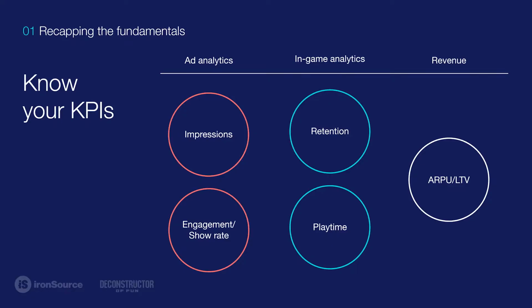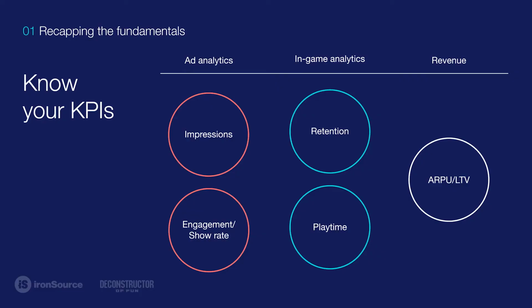Now, just to give you a quick overview of the KPIs that we're going to talk about, obviously you guys may be very familiar with it, but I divided it into 3 sections. One of them is the ad analytics, and when talking about ad analytics, we're talking about ad revenue only. The main KPIs that are dominating this section are impressions, right?